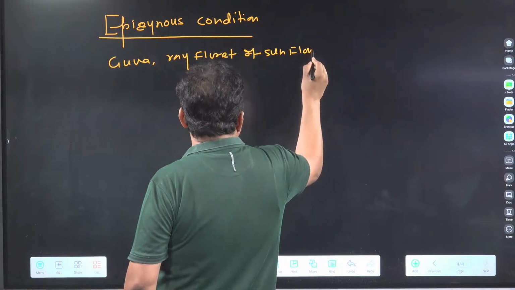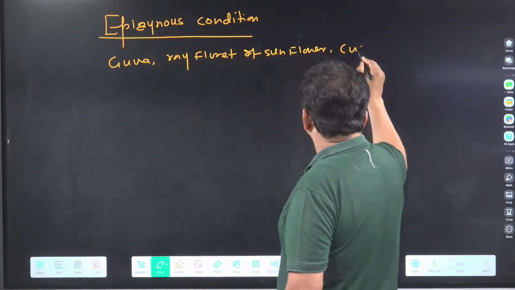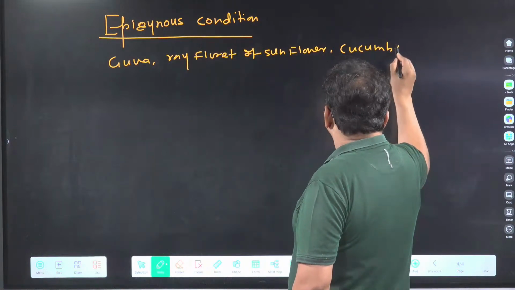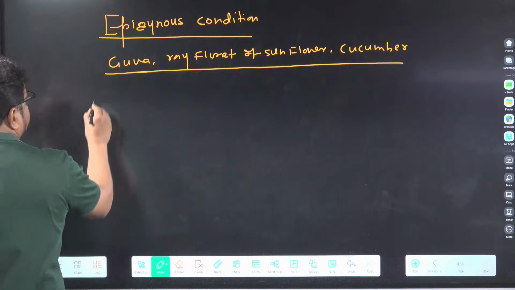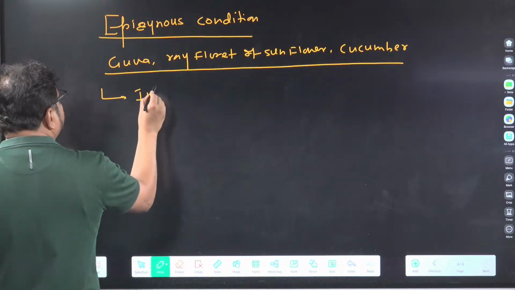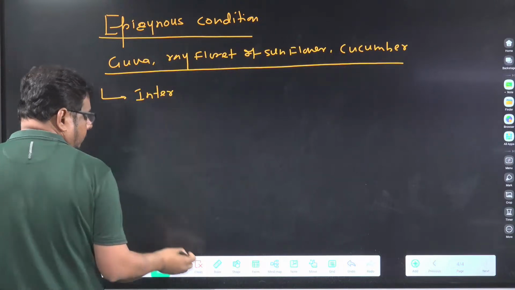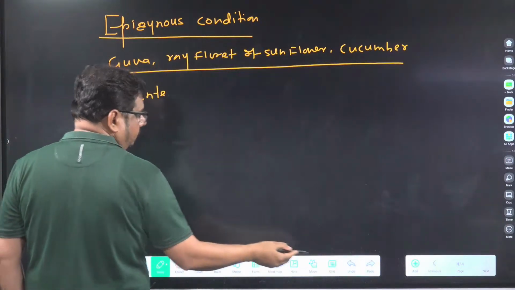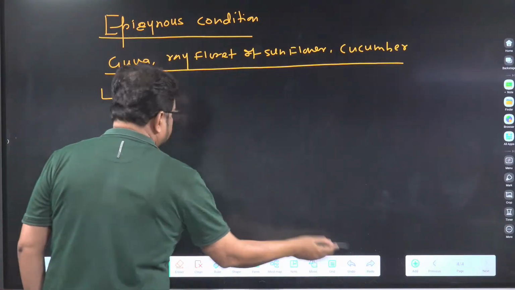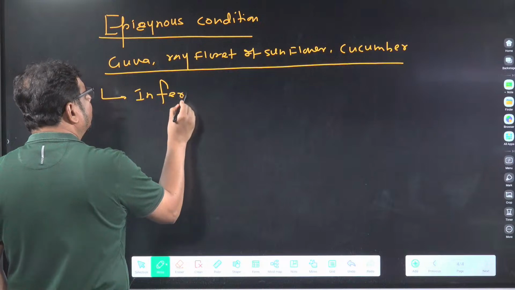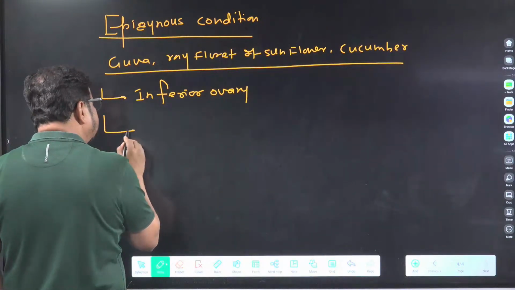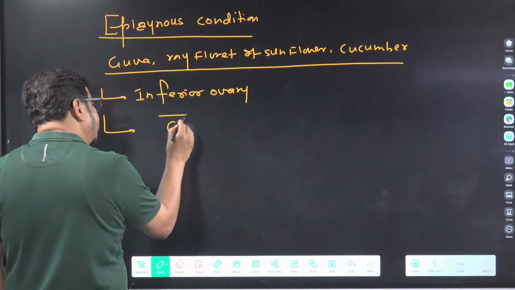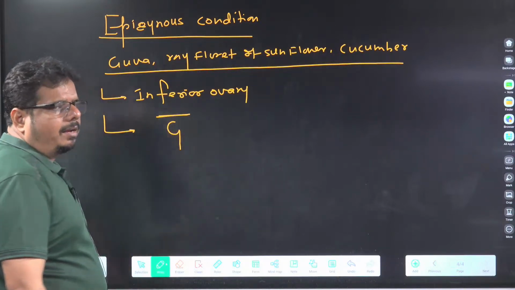And another example is cucumber. These are examples of epigynous condition. Here what do we say? Inferior ovary. And how is it symbolized? It is symbolized by G with the bar on top.